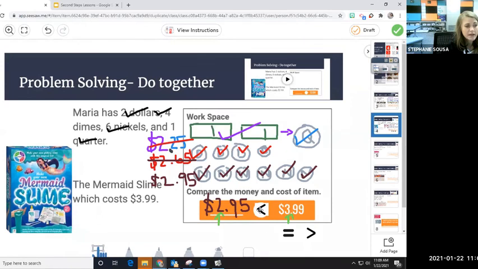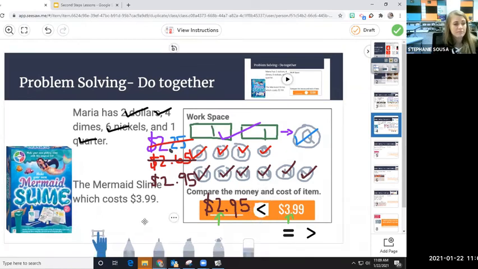So Maria cannot buy that mermaid slime. $2.95 is less than $3.99. Questions about this one?